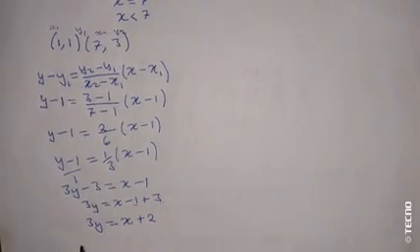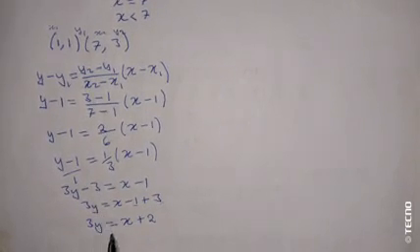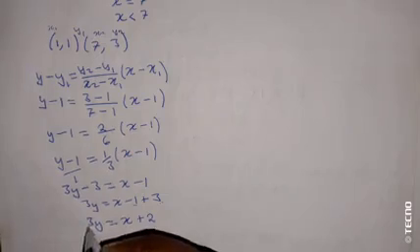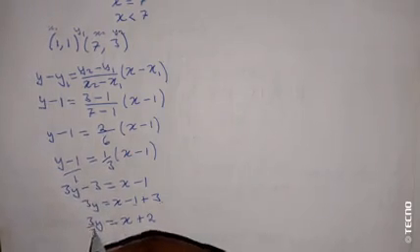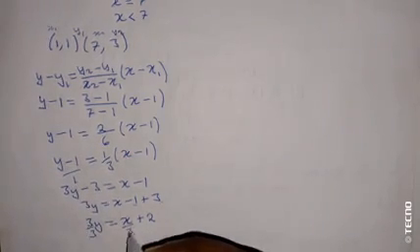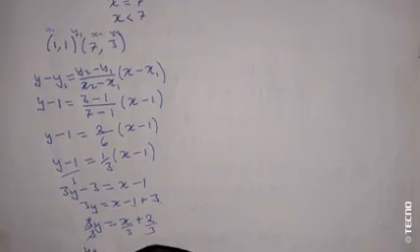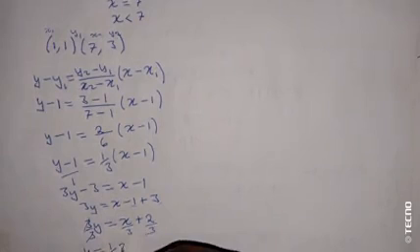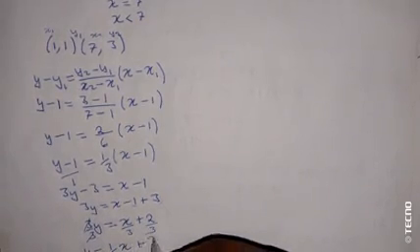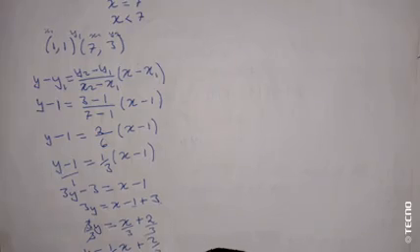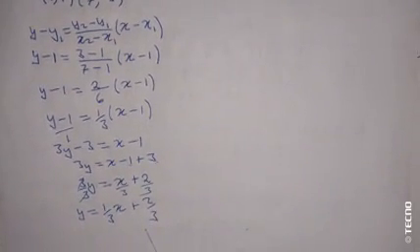So this is the equation that we have. If you want, again, you can divide throughout by 3. When you divide throughout by 3, y is equal to 1 over 3 x plus 2 over 3.